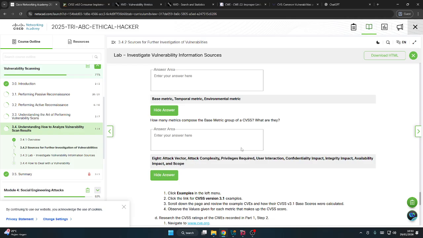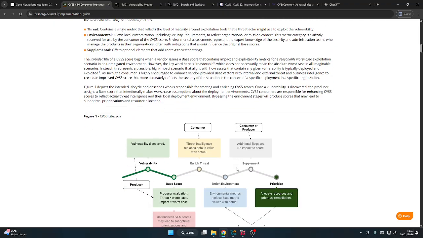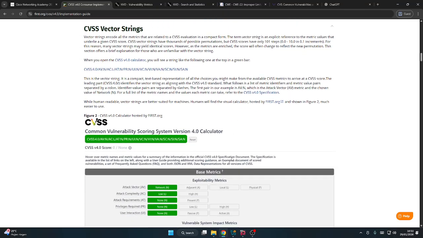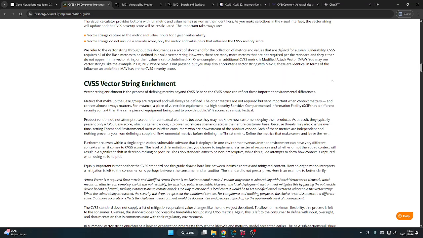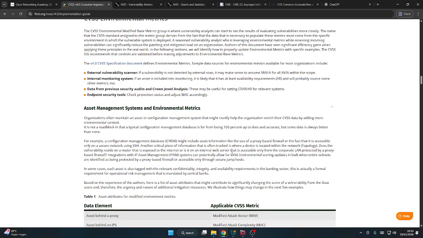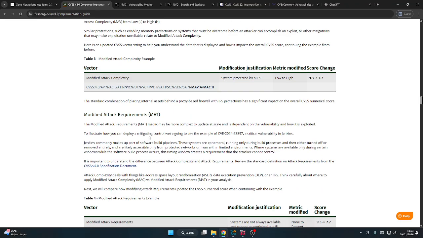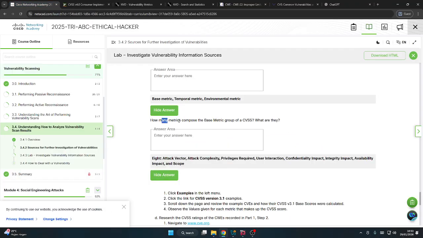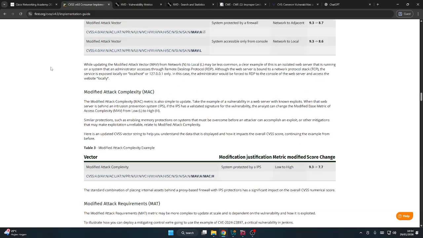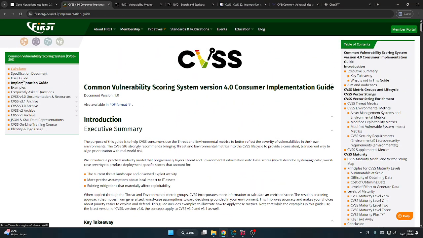Attack vector, attack complexity, privileges required, user interaction, confidentiality impact, integrity impact, availability impact, and scope. We can see that on... I don't know where, but there's information about the base metric group, maybe on top.